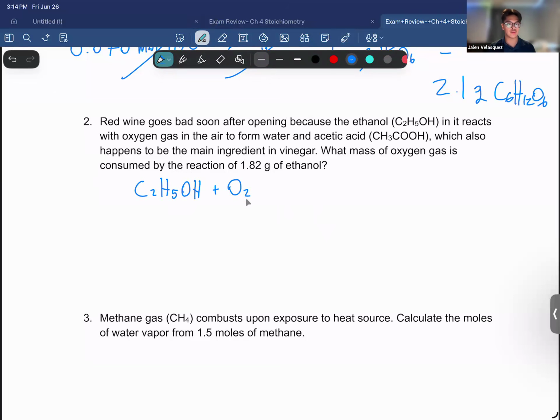So it always has that subscript of 2 in its elemental form. So then it reacts, it produces acetic acid, CH3COOH, and it also makes water.